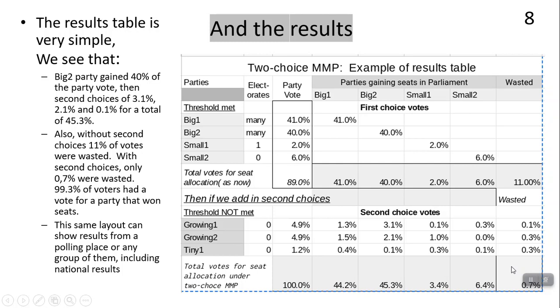And those, of course, are only imaginary numbers. Typically, we get 5 to 8% of votes wasted in a New Zealand election, and I think we get a very high level of understanding that if you want to have a vote that counts, you need to make sure that your second choice is for a party that you think is certain to pass the threshold.